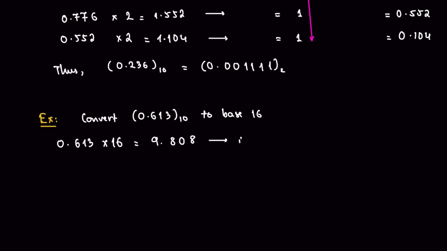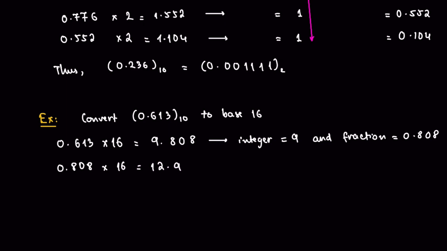So the integer part in this case is 9, and the fraction part is equal to 0.808. For 0.808 times 16, you get 12.928. The integer part is 12, and the fraction part is 0.928.